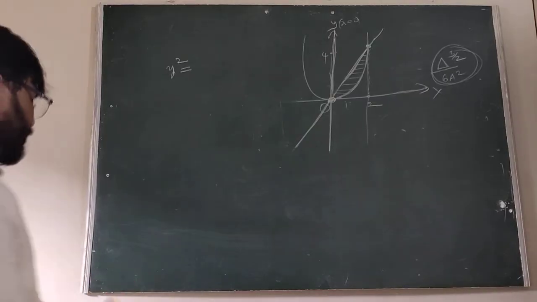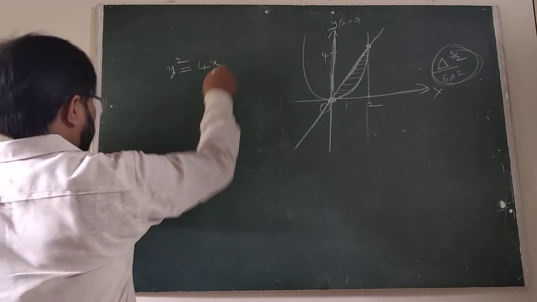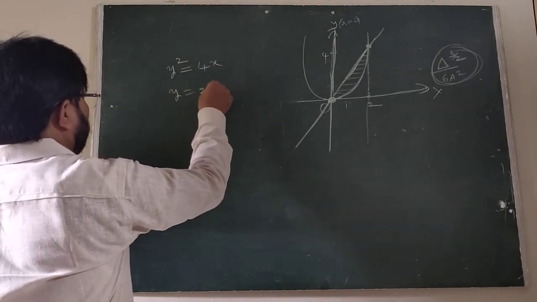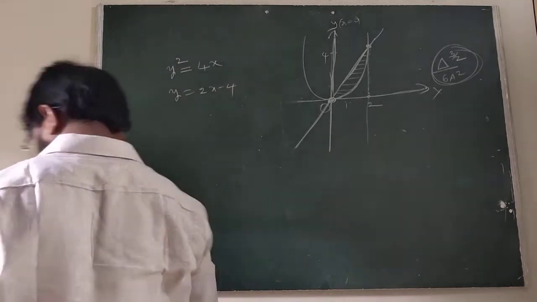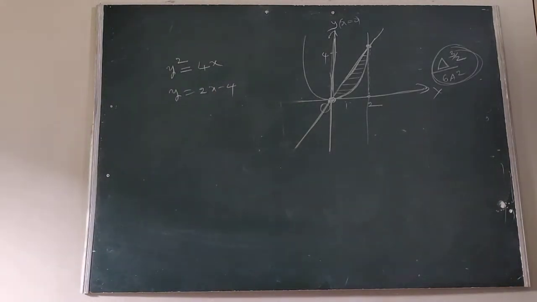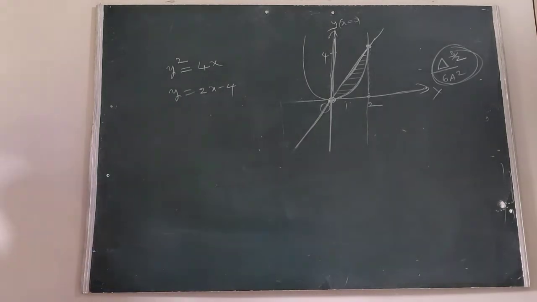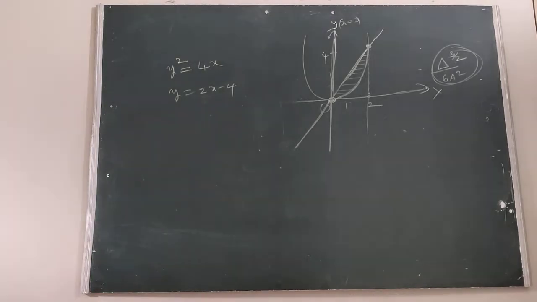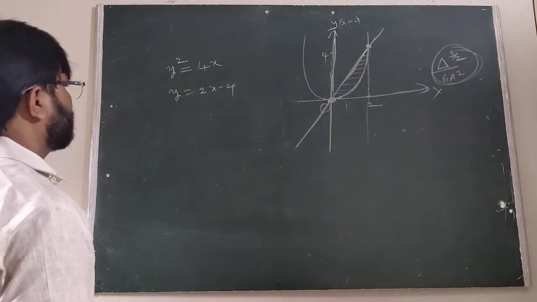Suppose the curve is y square equal to 4x and another curve is y equal to 2x minus 4. Dear students, here y square equal to 4x is there.